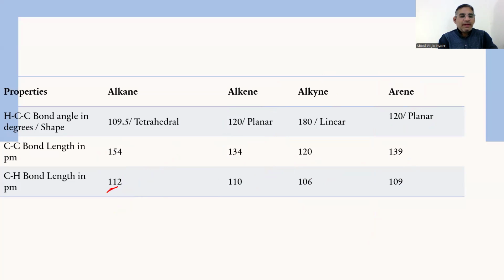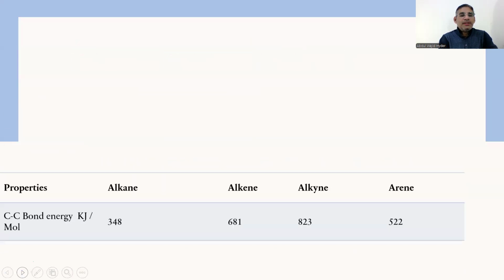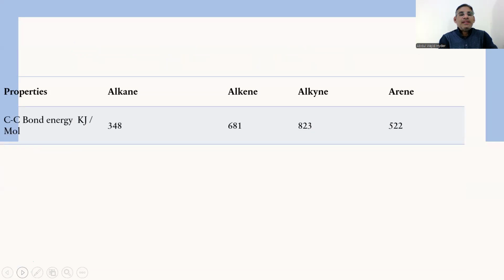We'll be doing some other properties related to this hydrocarbon. Now see what next property related to this alkane, alkene, alkyne, and arene is, that is bond energy.